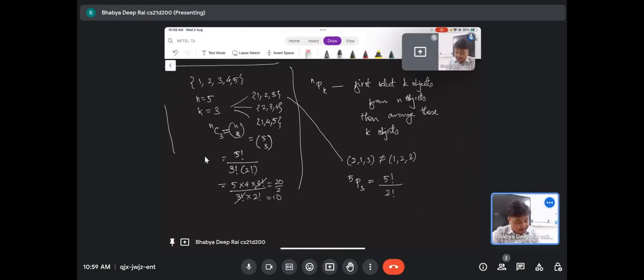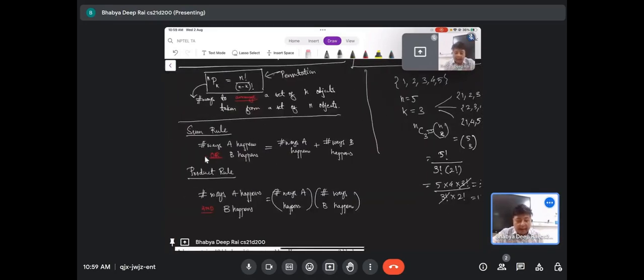So that's 5 times 4 times 3 times 2 factorial divided by 2 factorial. When you cancel out 2 factorial and 2 factorial, 5 4s are 20, 20 times 3 is 60. So there are 60 ways to choose 3 objects and arrange them.